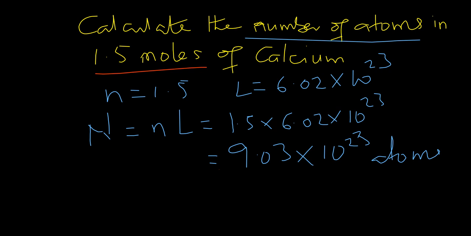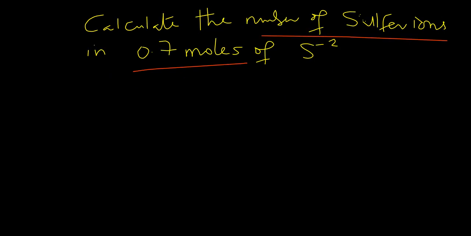The next example: calculate the number of sulfur ions in 0.7 moles of S negative 2. The number of moles given to us is 0.7. Avogadro's number will always be given to us, and it is 6.02 times 10 exponent 23.